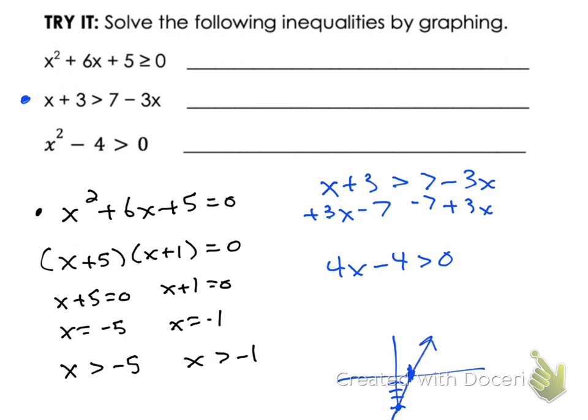So that line would be positive at x is greater than 1. Oh, I didn't write these answers up here. But you could have also solved that, right? If in the equation, you had added, 4x is greater than 4, divide by 4, x is greater than 1 there. Okay.